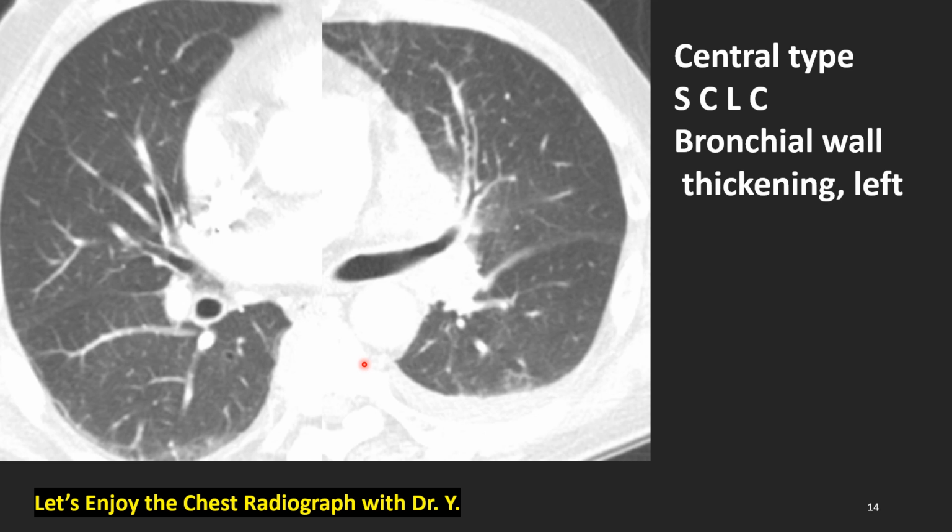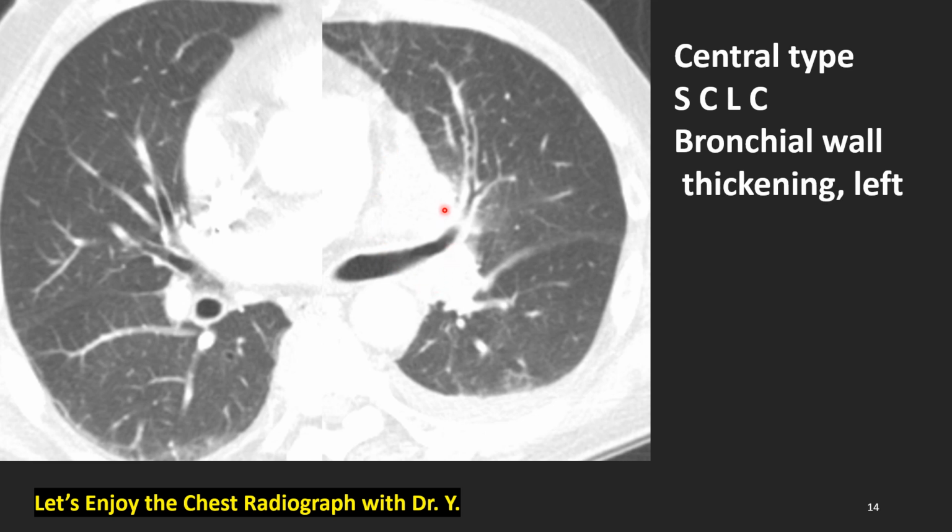This is the same patient with axial lung setting CT. The right side bronchus is normal thickness, regular shape. The left side is irregularly thickened bronchial walls with this small cell lung cancer.